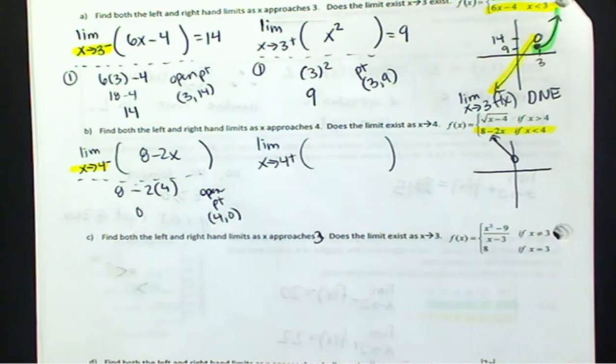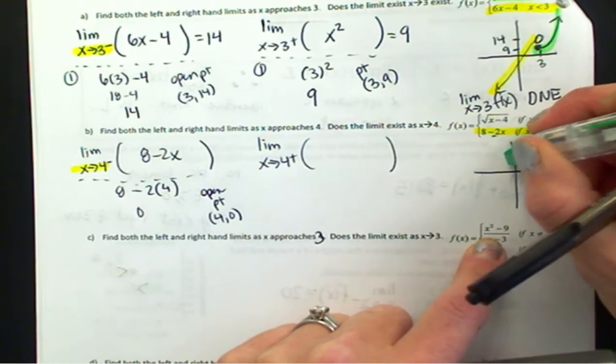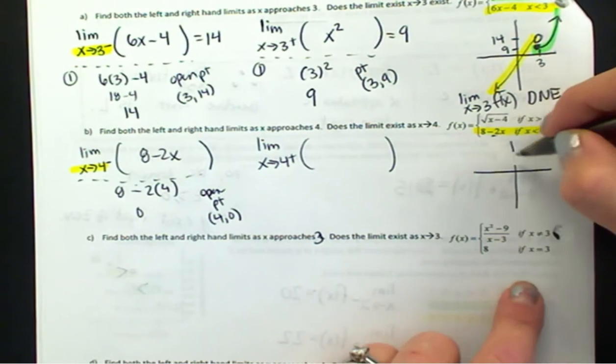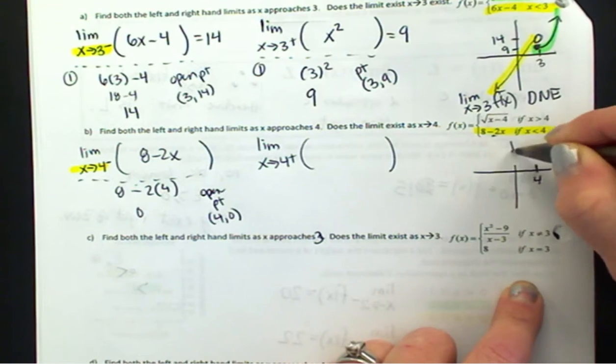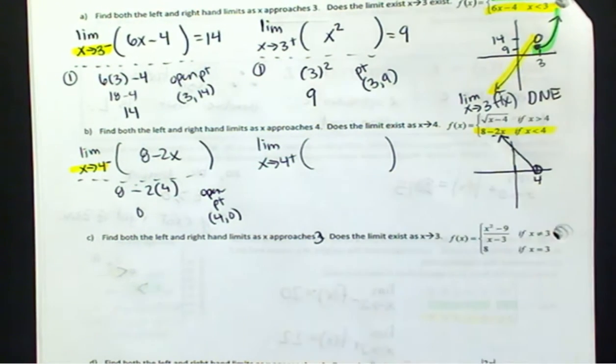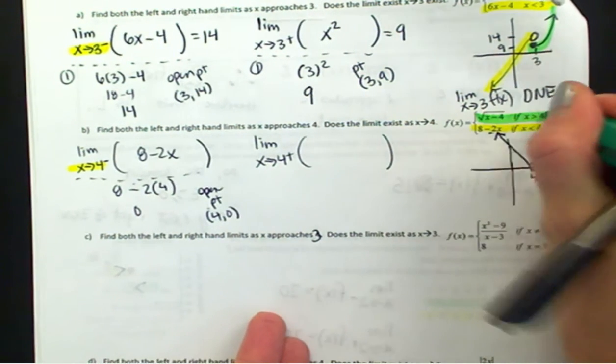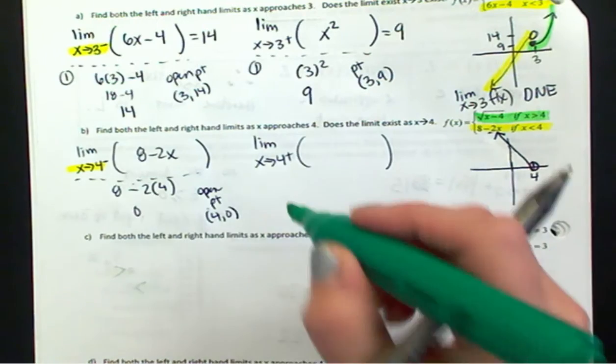Hold on. I need to mark this at 4. So it means this. I'm confirming graphically. This is what it looks like. There's an open point at 4, 0. From the right is this portion because x is greater than 4.